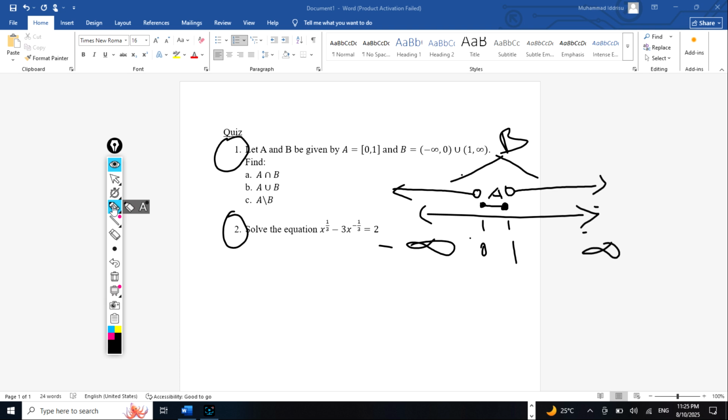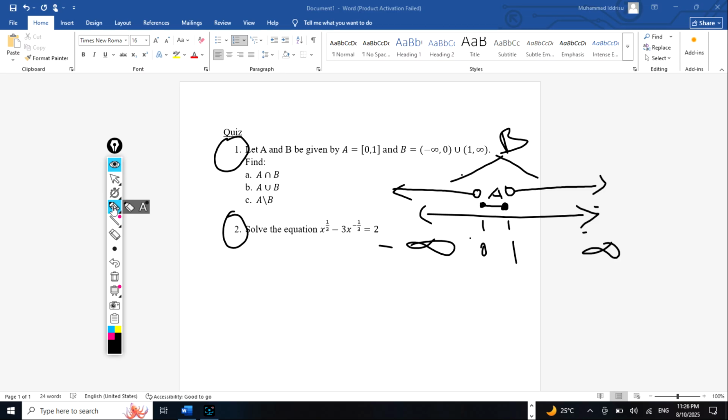If you can see clearly, you see that there is no intersection, or there is no overlapping between the two sets A and B. A is just from 0 to 1, including 0 and 1, but B starts from negative infinity to 0. It stopped at 0. It doesn't even include 0. And another part of B, B is in two folds because it is the union of this and that.